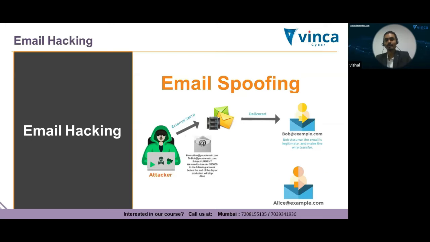The target will get an email that looks like it is from alice@example.com. If the hacker wants to send Bob a mail from Alice's account, he needs at least Alice's password. But the hacker doesn't need the password to send Bob mail that appears to come from Alice's account.